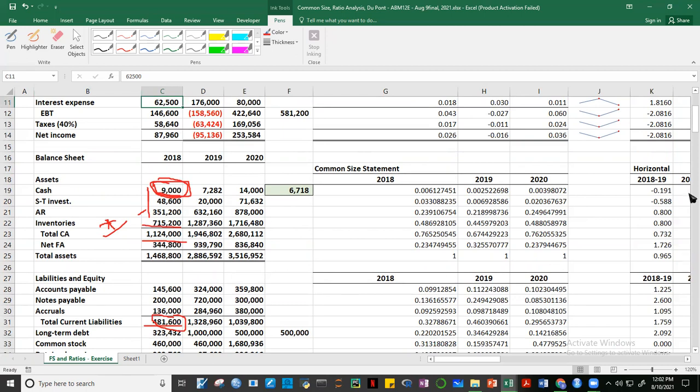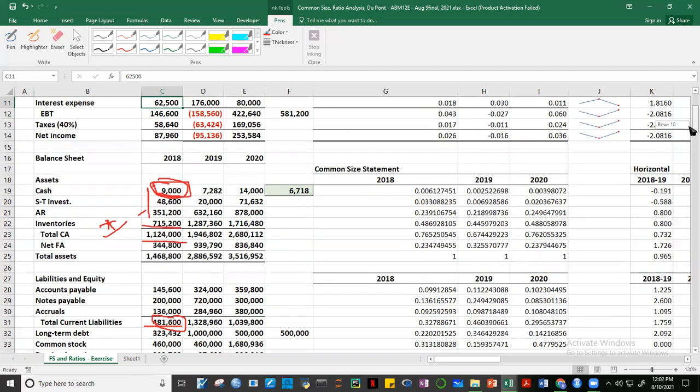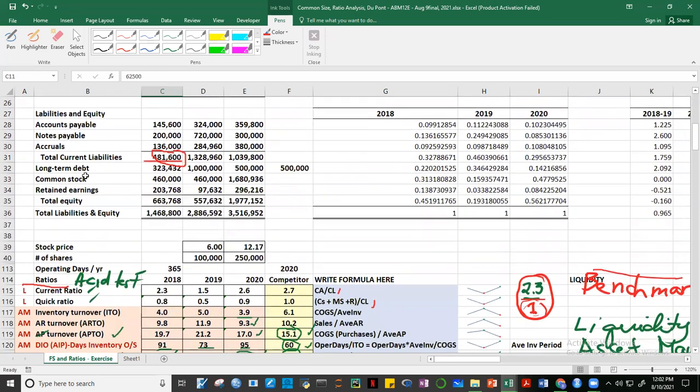Now, when we go to 2019 ngayon, ano nangyari sa 2019? Long-term debt, 1 million. The previous was 323. Okay, so ano nangyari dito? Nagbayad ba tayo ng principal or no?